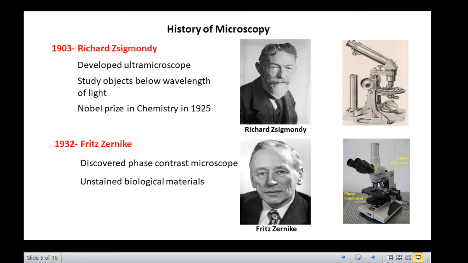The contrast enhancing technique was ideal for viewing living cells, including cultures, tissues, and microorganisms, and is still widely employed in scientific research today. In 1953, Frits Zernike won the Nobel Prize for Physics for his invention of the phase contrast microscope.